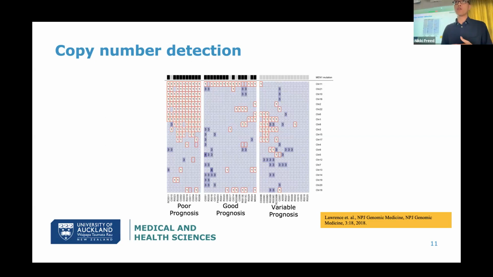It's usually being driven by copy number change. We found that the group of patients who have lost more than half of their genome tend to have a poor prognosis, whereas patients that lost just one or a few chromosomes tend to have a good prognosis. But there's also a group of patients in between the two, and they have a variable prognosis.